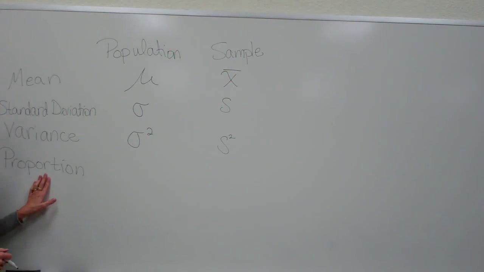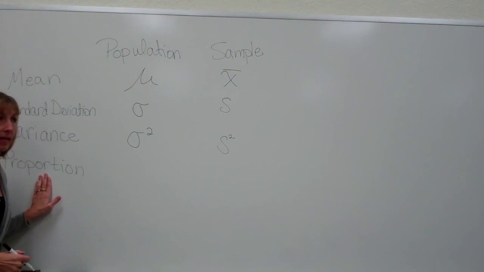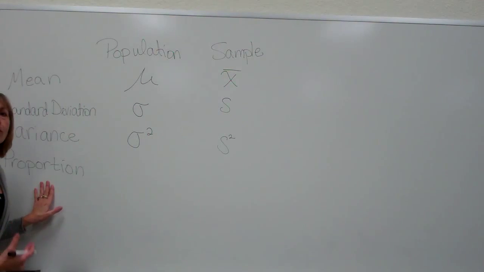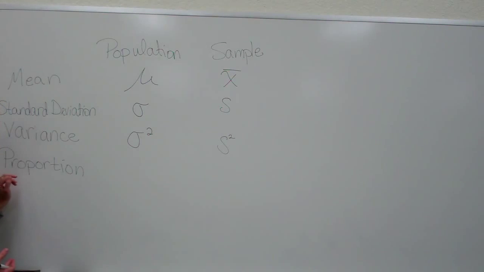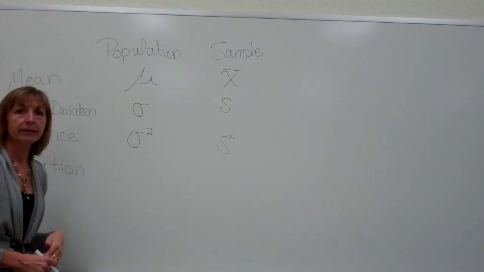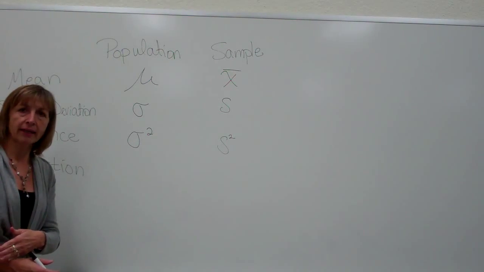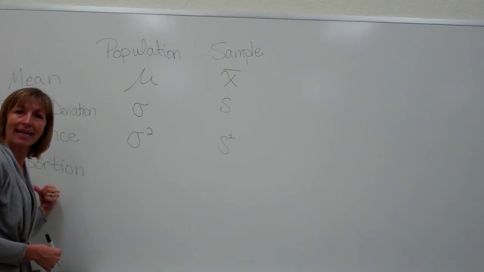Now, the proportion goes a little bit against the convention set for the earlier things. If we were going to use the Greek letter that closely goes to the letter P, our natural selection would be pi. But when they tried to use that in statistical settings several years back, people were not reading it in context.